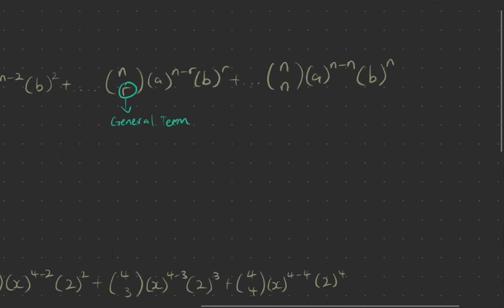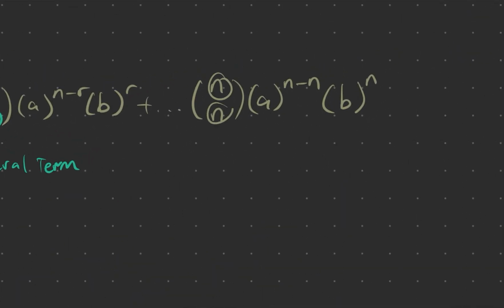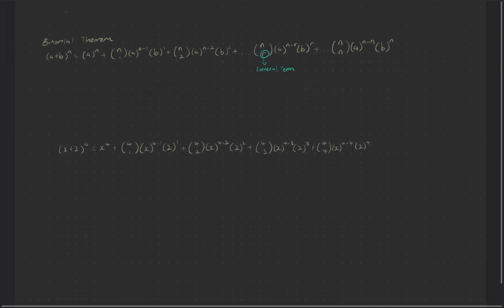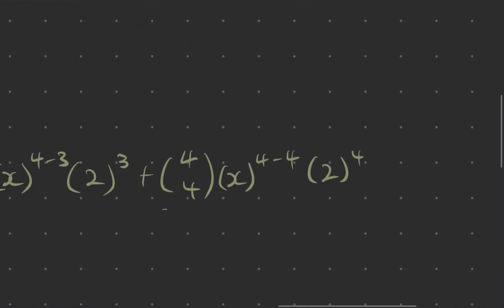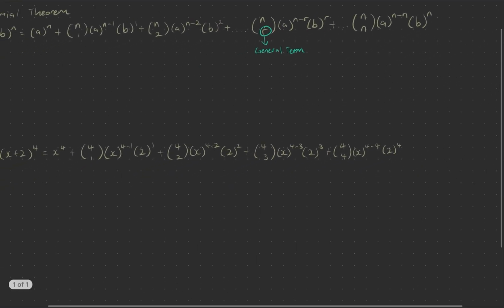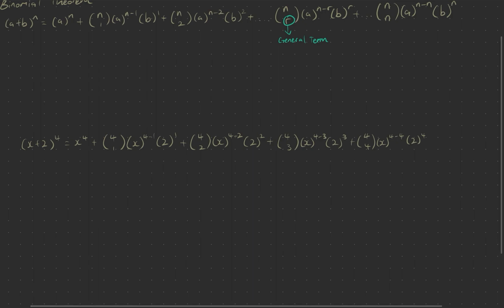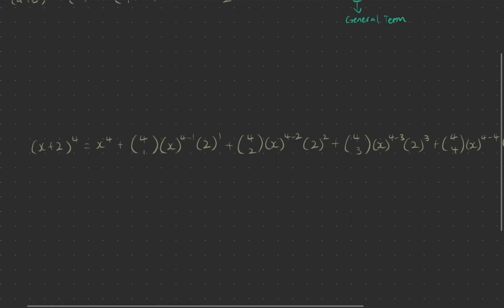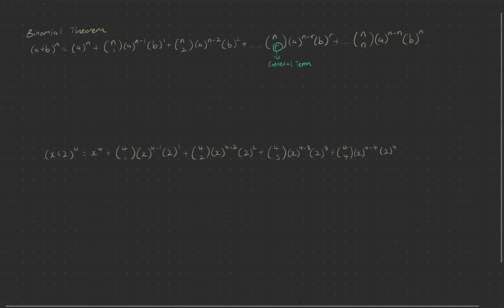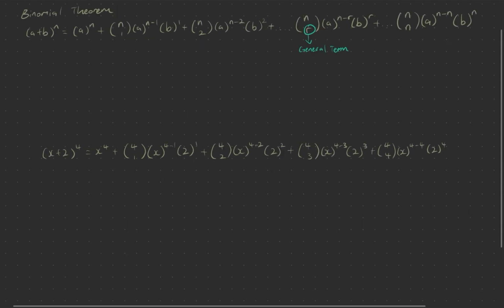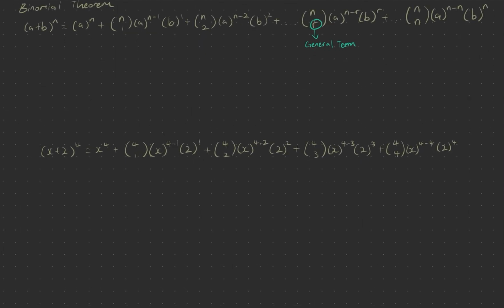When both chooses are the same values, then we will stop. So this is basically the expansion of (x + 2)^4 using the binomial theorem.